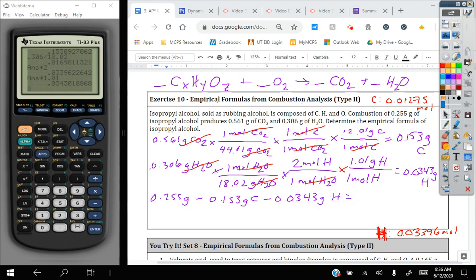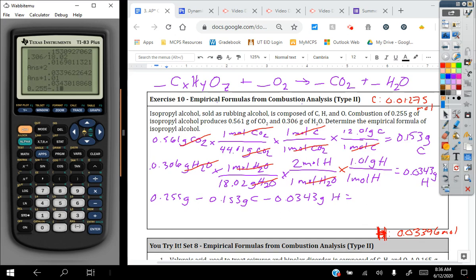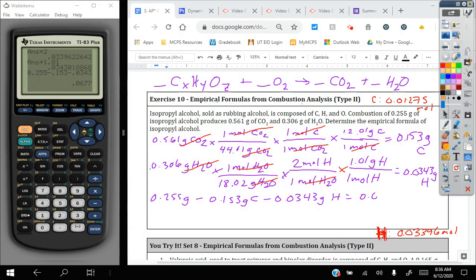So 0.255 minus 0.153 minus 0.0343. And I get the mass of oxygen as 0.0677 grams of oxygen.